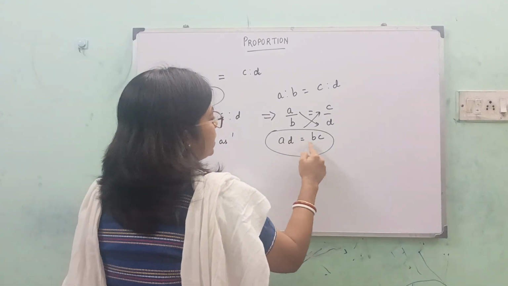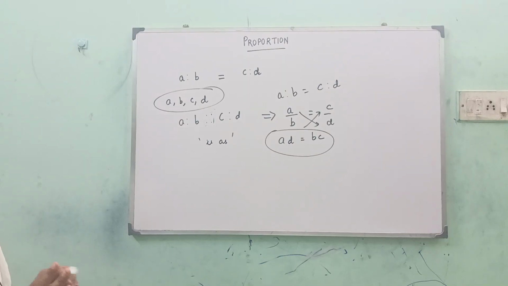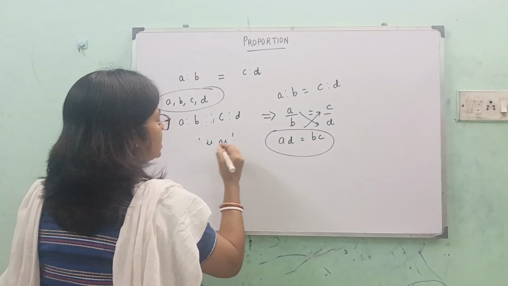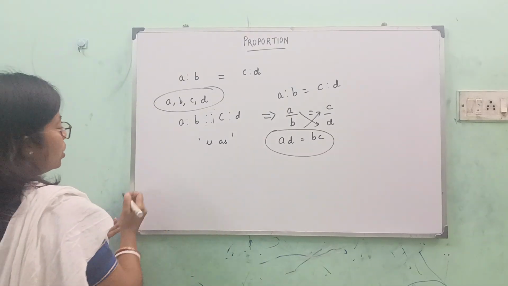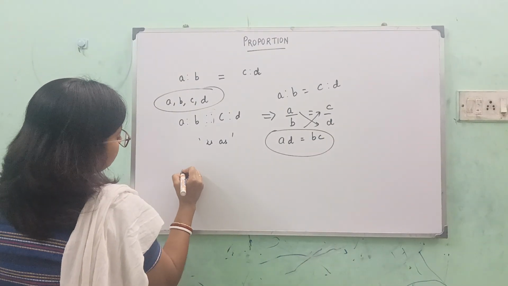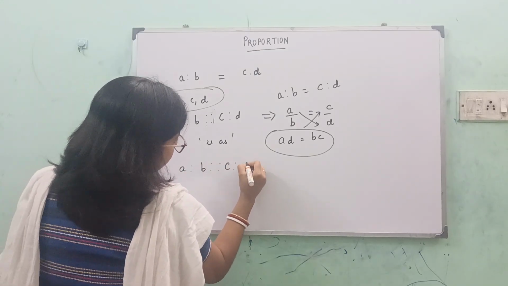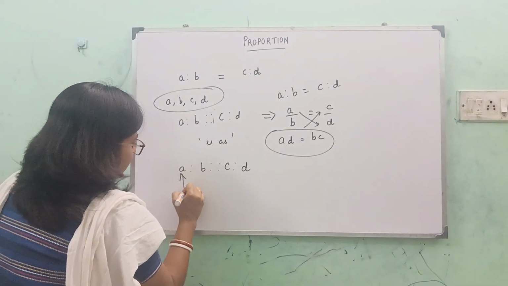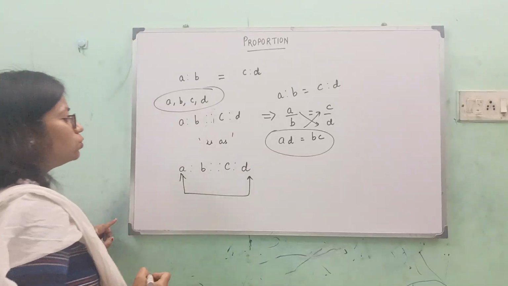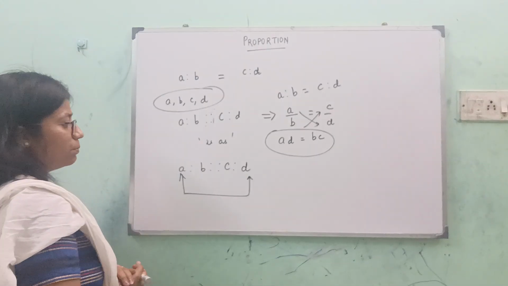Conversely, if AD is equal to BC, then we can say that A, B, C, D are in proportion. This is known as the cross product rule. In the four quantities, all these four are called terms of the proportion.